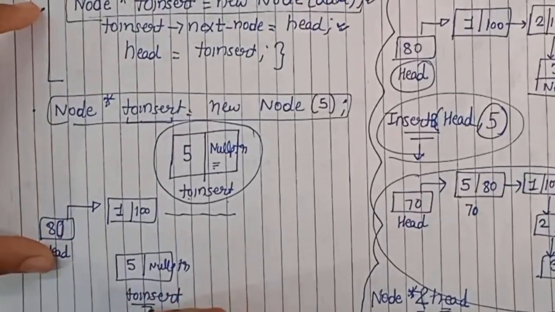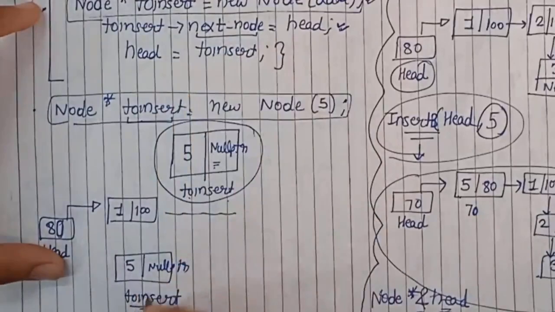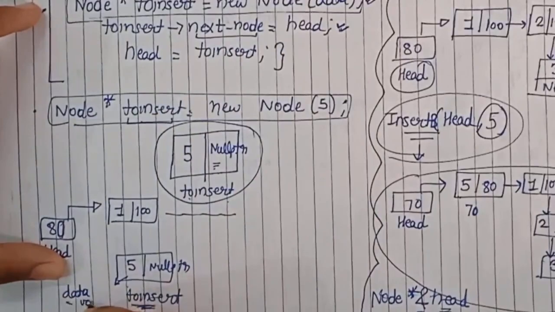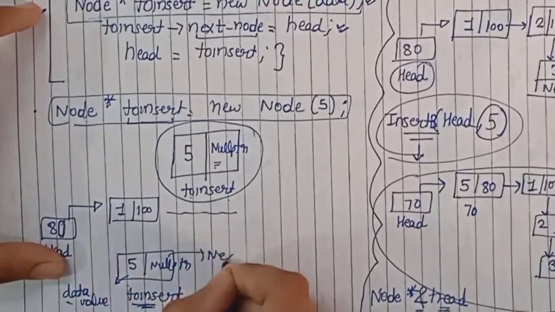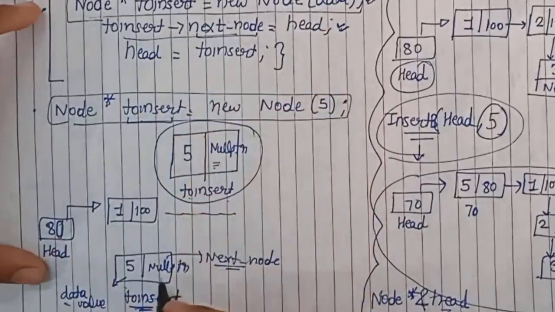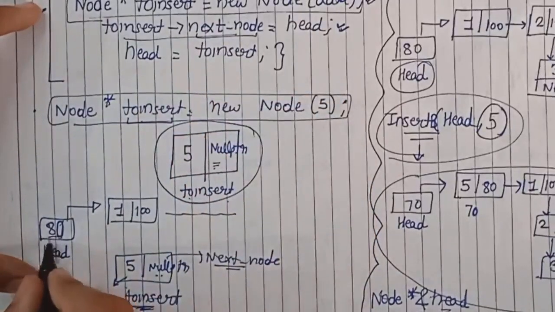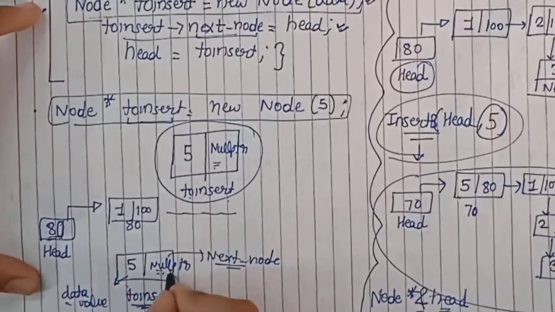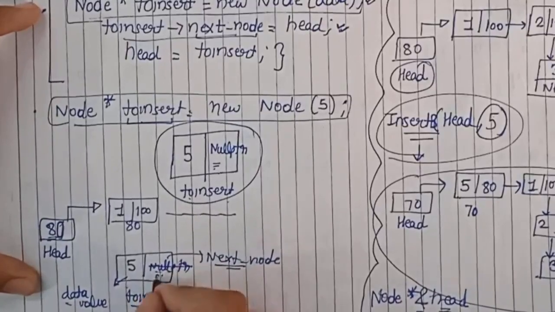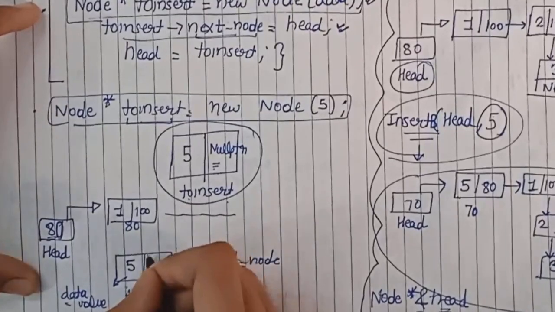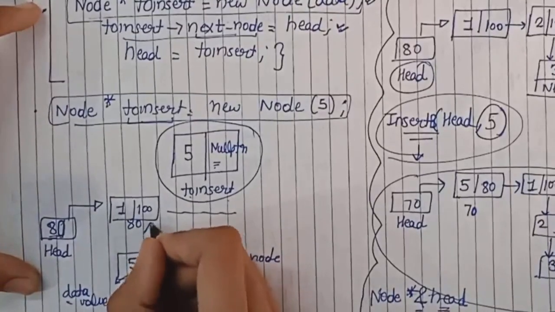In the to insert node, this part is the data value, and this part is the next node pointer. In the next node pointer part of to insert, I am just copying the address of this head pointer variable. So the address 80 will be copied in place of the null pointer. After this address is copied here, this node will start pointing to this.